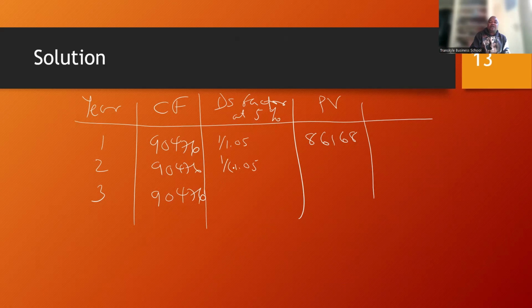So in year 2, that's 1 over 1.05 to the power 2. I think I need a scientific calculator. So that's 90,476 over open bracket 1.05 to the power 2.